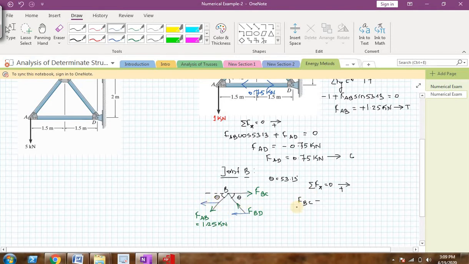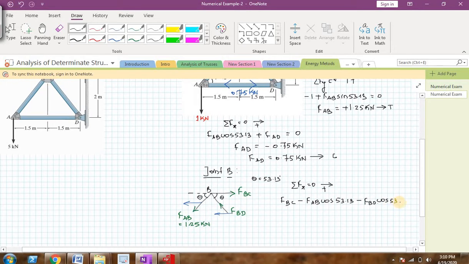So FBC minus FAB cos 53.13, similarly minus FBD cos 53.13 equal to 0. No other force is there in the horizontal direction, so I can write that.